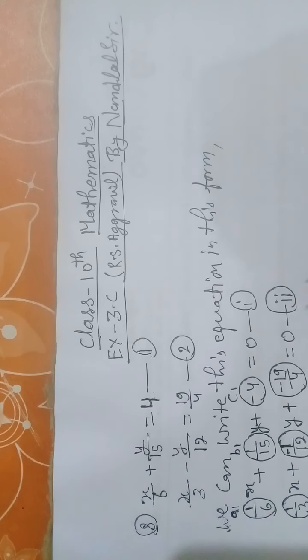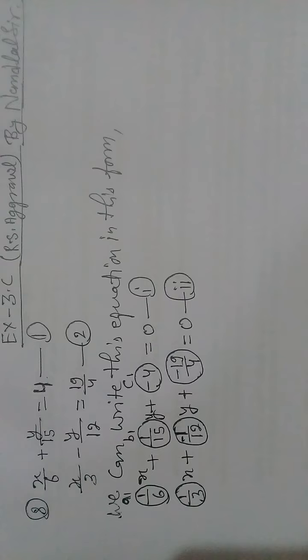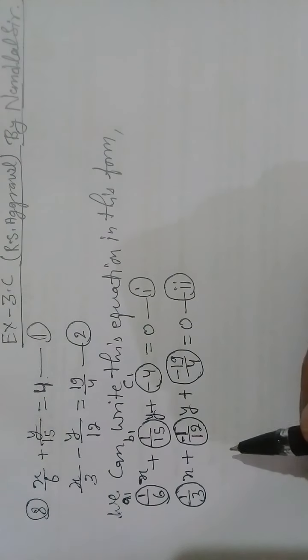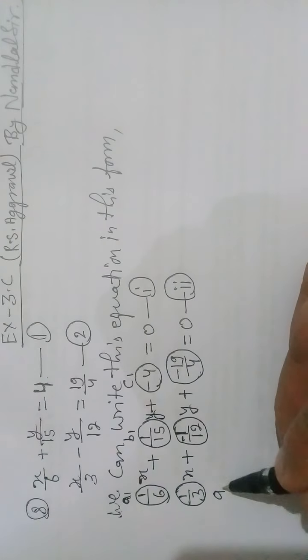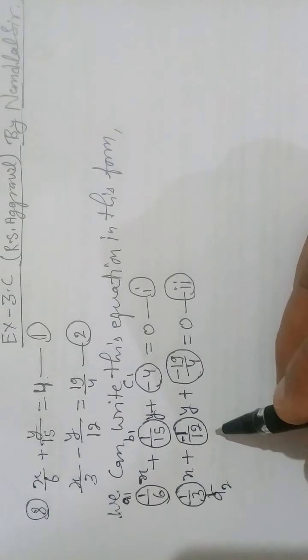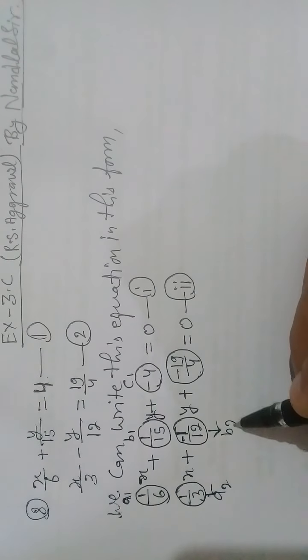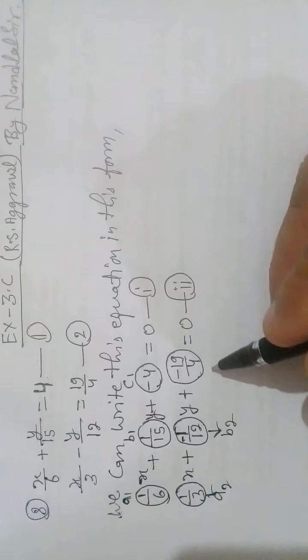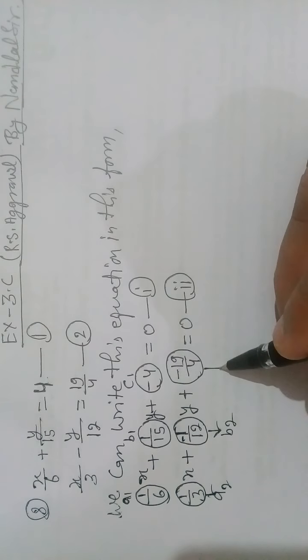Equation 2. Now it is a2 minus 1 by 12, b2 minus 19 by 4, c2.